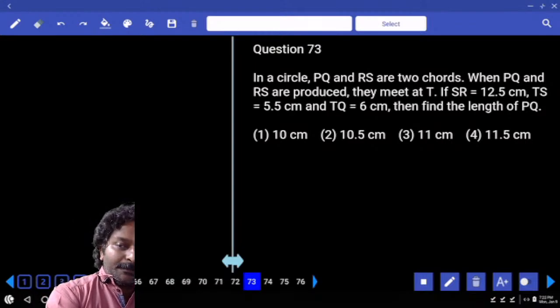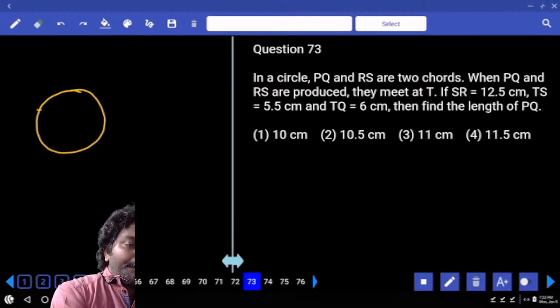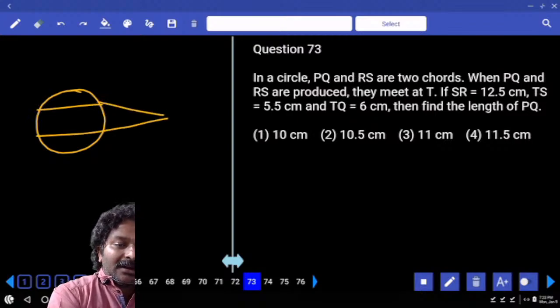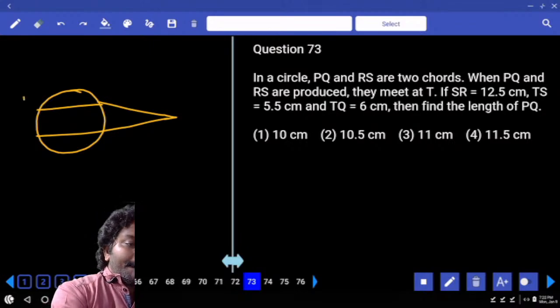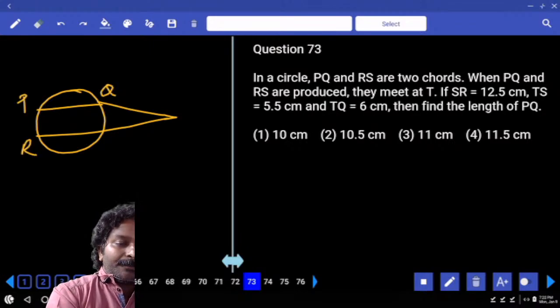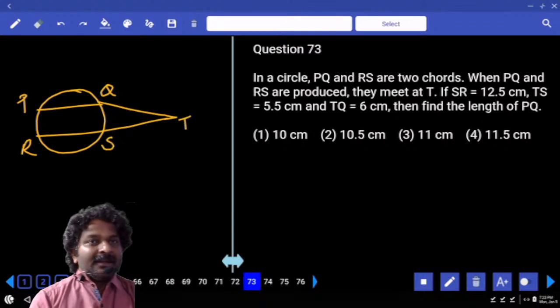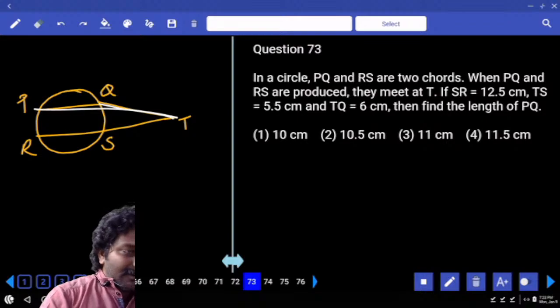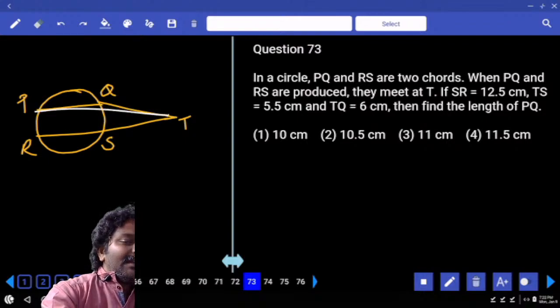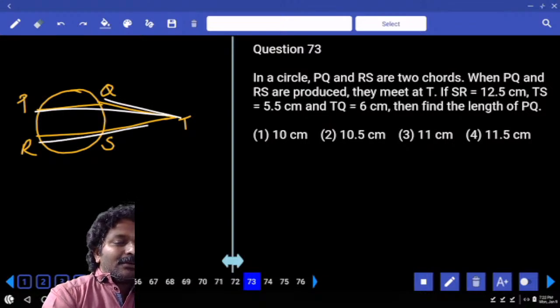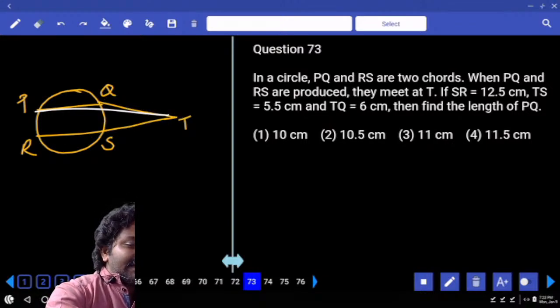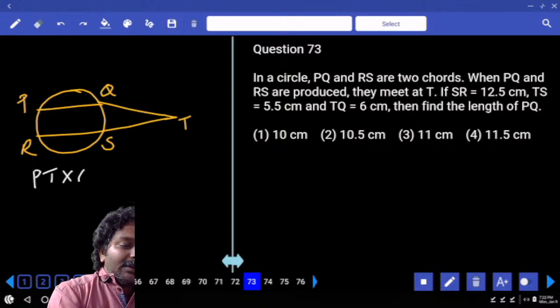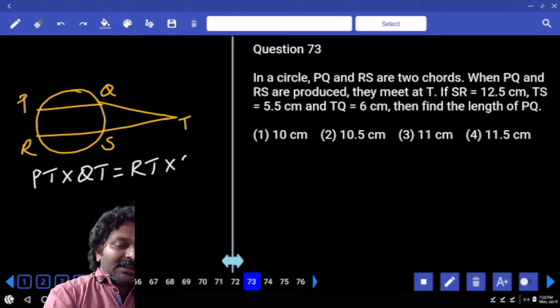There is a circle, PQ and RS are chords and they meet at T. Whether they meet outside or inside, we already discussed it. PT into QT must be equal to RT into ST.